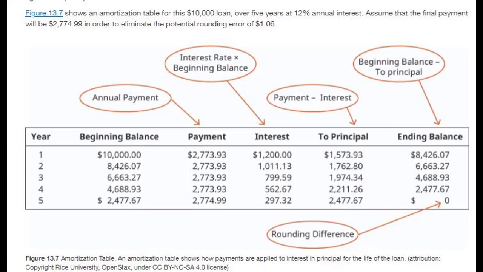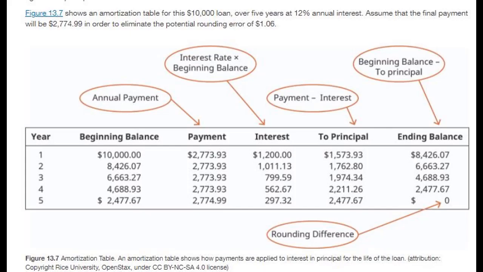So the portion of your payment this year that is interest is 12% of $8,426, the amount that you still owe this year. And 12% of $8,426 is $1,011.13.